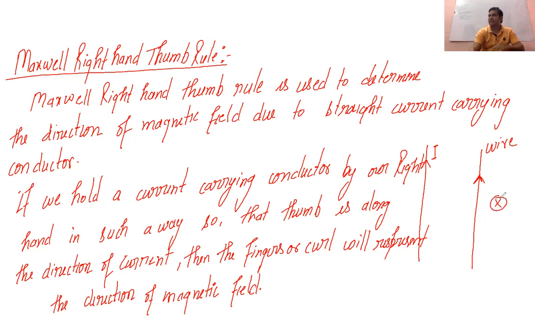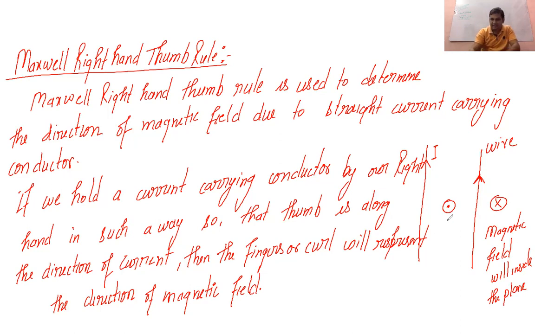So here the magnetic field will be inside the plane. While on this side the magnetic field will be outside the plane, because if you are curling your finger, look here, this will be coming outward, towards us.